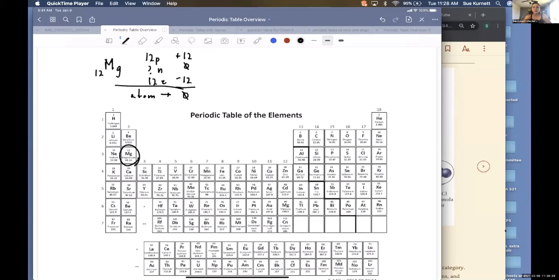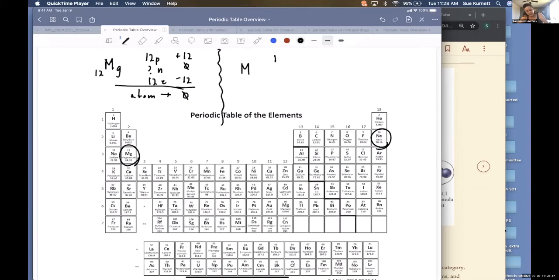The goal is to become like the previous noble gas in its electron structure. How many electrons does neon have? 10. Yes.